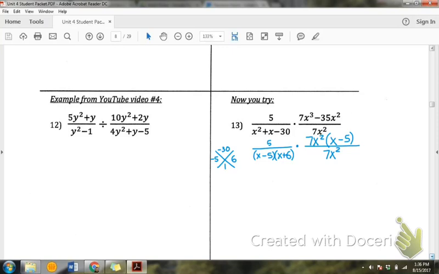All right, Donald, what are you going to cancel? 7x squared. Yeah. Okay, Mitchell, what else are you going to cancel? I cancel out the x minus 5. Okay. Brooklyn, what else are we going to cancel? There is nothing else, right? So what's left in the numerator, Brooklyn? Just the 5? Okay. Left in my denominator, Daniel? X plus 6.